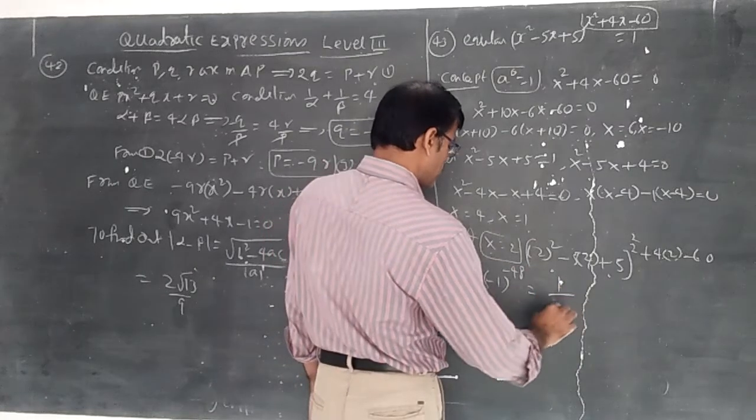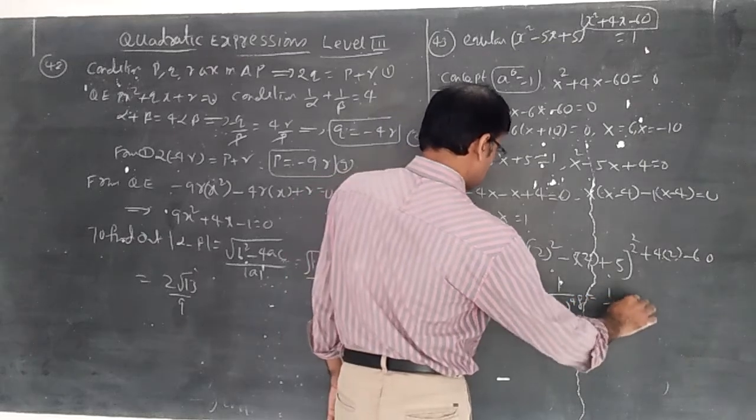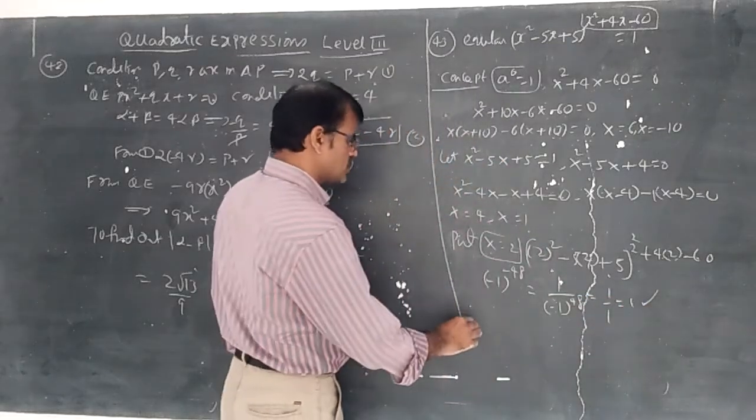You can write 1 by minus 1 whole power 4, which is 1 by 1, equal to 1. It is correct. So x is equal to 2 is correct.